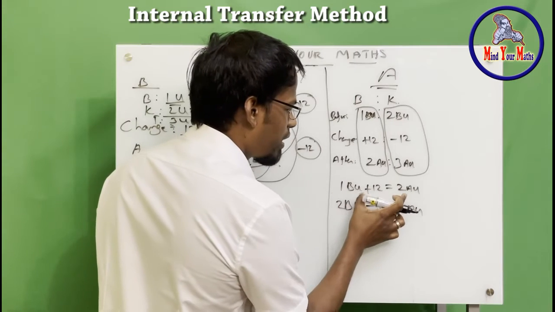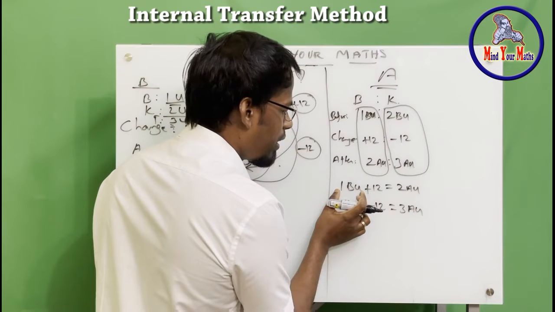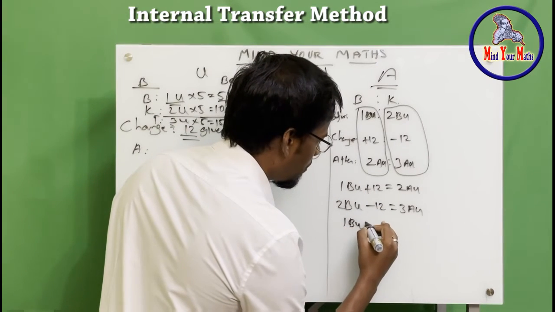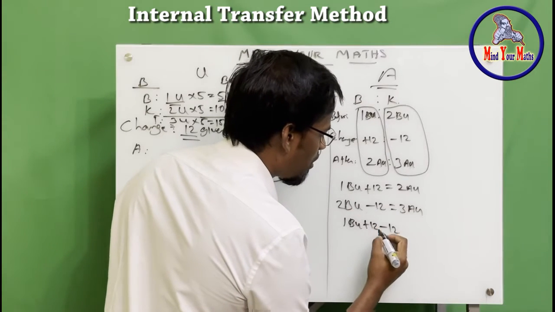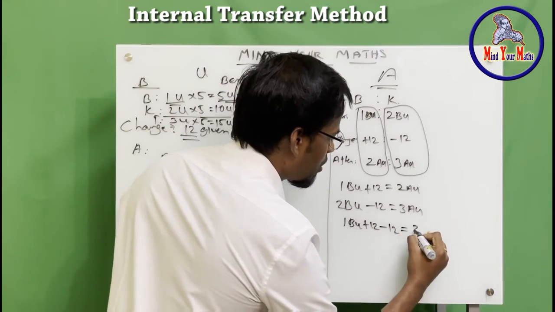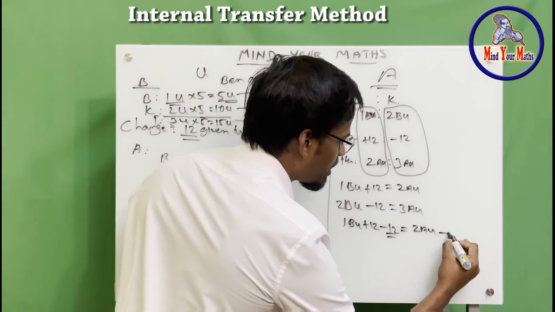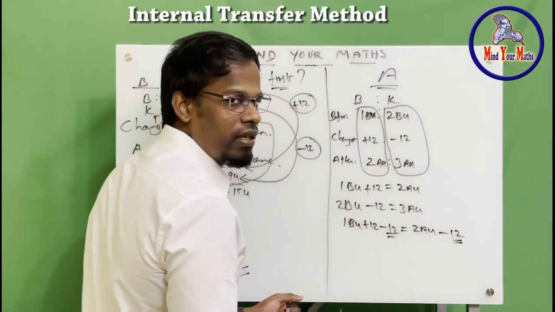From here, if we need to isolate the BU, we have 1 BU plus 12 equals 2 AU. We have to subtract 12 on the left side, and because we subtract the 12 on the left side, we subtract the 12 on the right side as well, so that the equality is not changed.